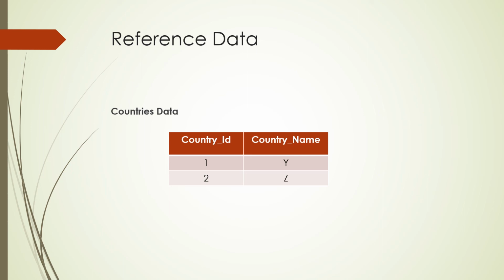But the transactions are going to change very often, and the master data will eventually also change, comparatively, relative to the reference data and the transaction data. The customer master data also changes very slowly. These are the kinds of information that you will see playing an important role in the star and snowflake schemas.